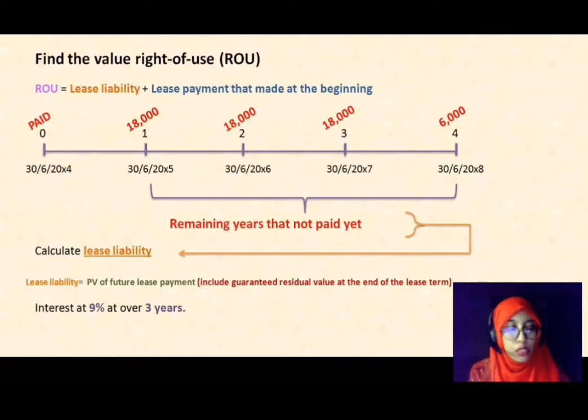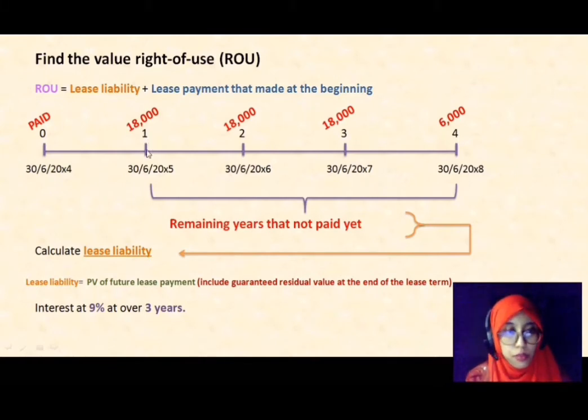Since it says in advance, you need to pay first in year 0, and then after that you pay in year 1 if you want to continue the lease. So the lease payment made at the beginning is 18,000. We already found it, but lease liability is a different thing, and we need to find this lease liability.